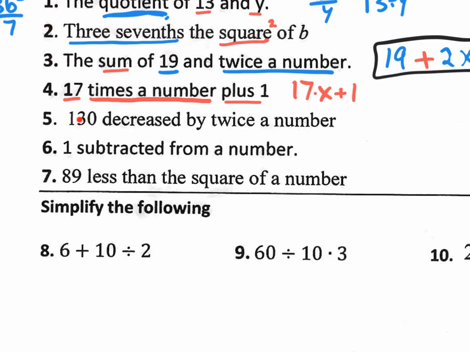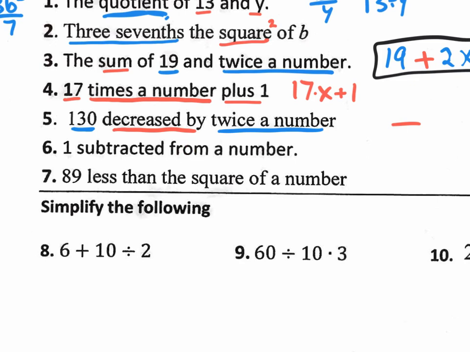Number 5. We have 130 decreased by twice a number. So we know decrease by means minus. We're going to underline decrease by. That means minus. The question is, do we switch this with this, or do we just write it without switching? The only time you switch is when you have the words than or from. So number 6, we have the word from.